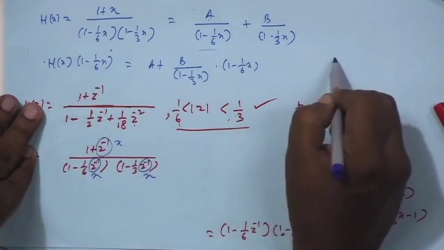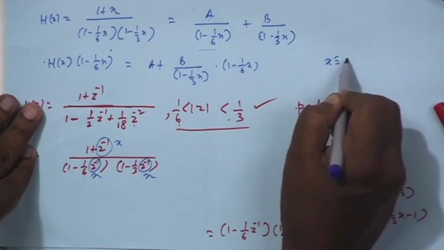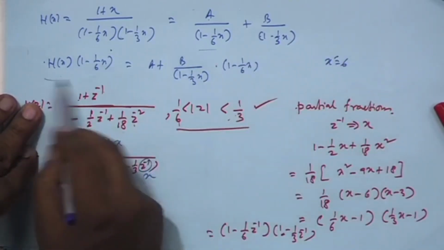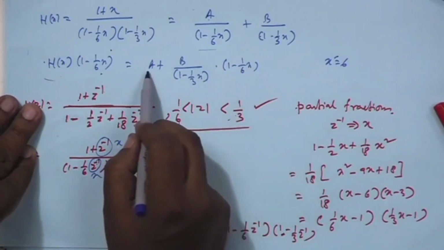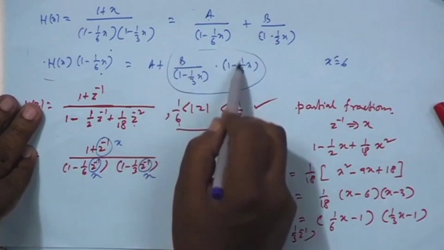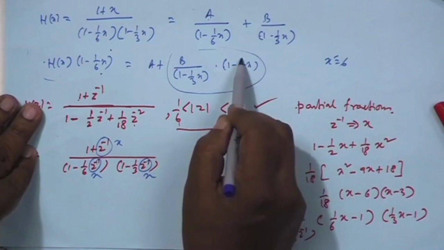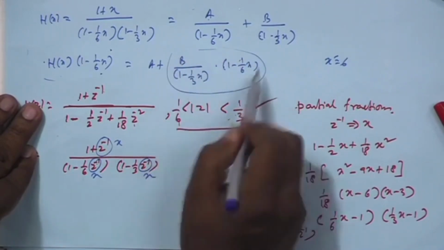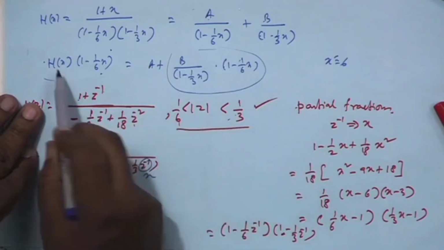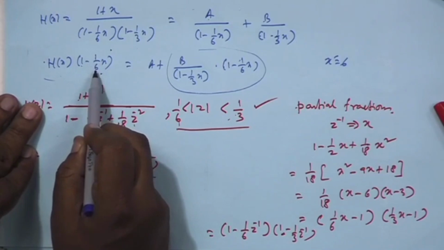Now, if I want to make this 0, that is if I take x equal to 1 by 6, on the left hand side, right hand side also it will be 0. So, I will be left with A, this part will be 0, because 1 minus 6x at x equal to 1 by 6 will be 0, 6 into 1 by 6 is 1, 1 minus 1 is 0. So, for x equal to 1 by 6, this part goes, I am left with A, and A will be H(x) into 1 minus 6x.